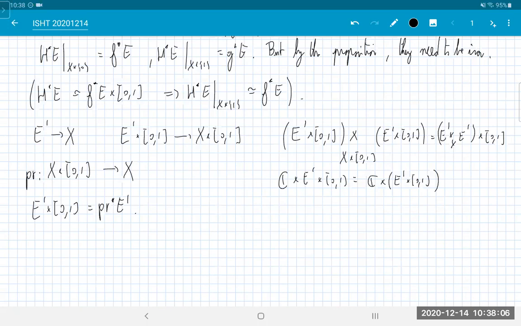I just mean taking it constant along the [0,1] direction.